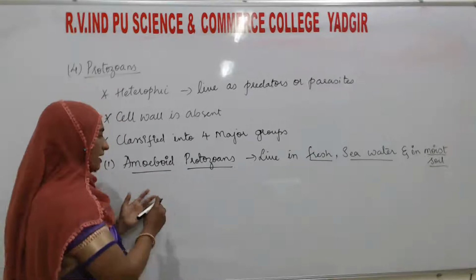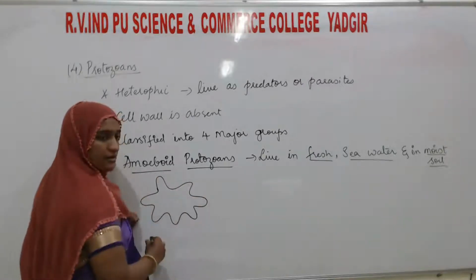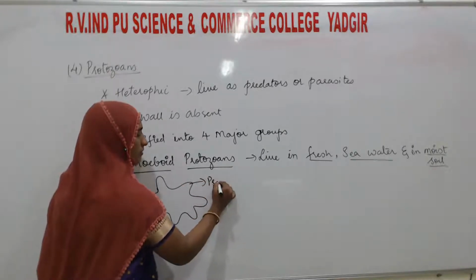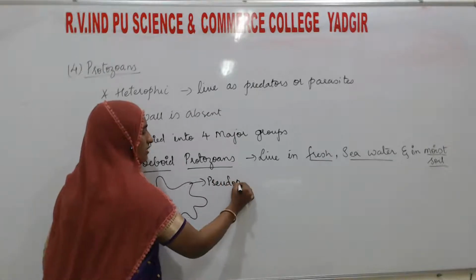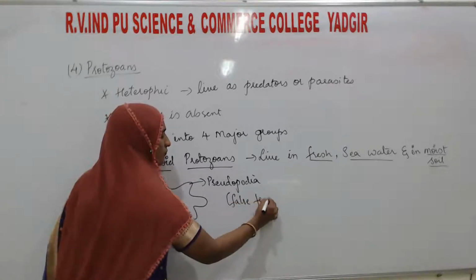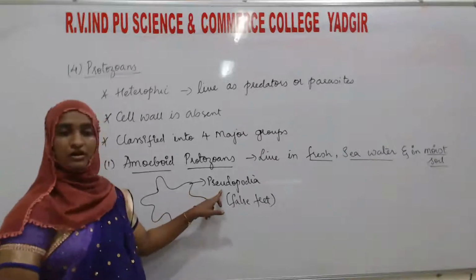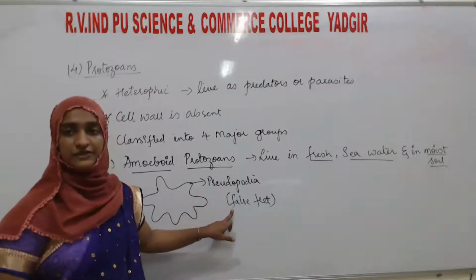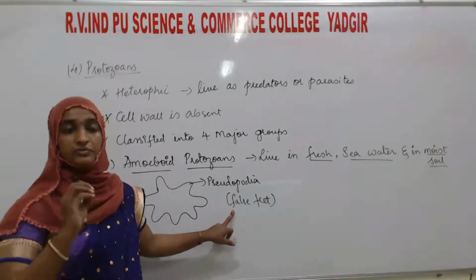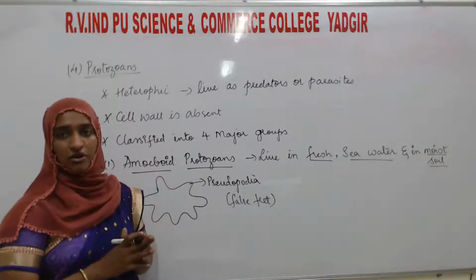This is the amoeba. They have what we call pseudopodia. The meaning of pseudopodia is false feet or false legs. They move through pseudopodia. We call it false because they don't have a specialized structure; they don't have fingers, palm, digits, and all.